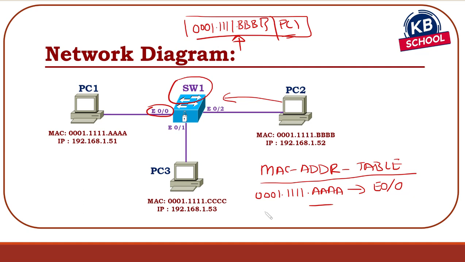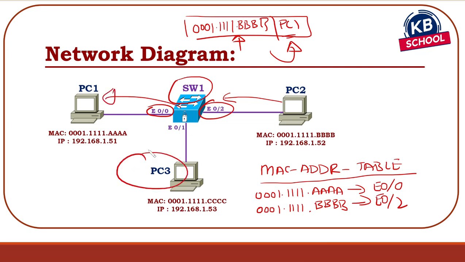Let me add it to my MAC address table. And I received this frame from E02, so I should keep it as E02. And then it looks at the destination, sees the destination address is 0001.1111.AAA. I know that it's connected to E00, so it forwards it over here.